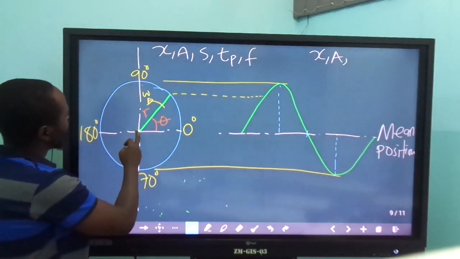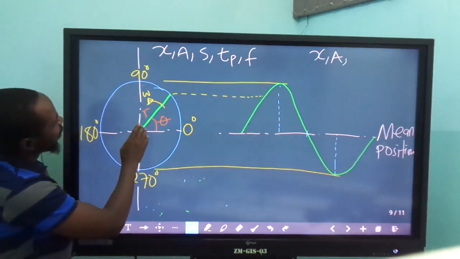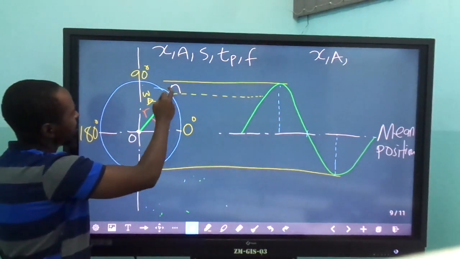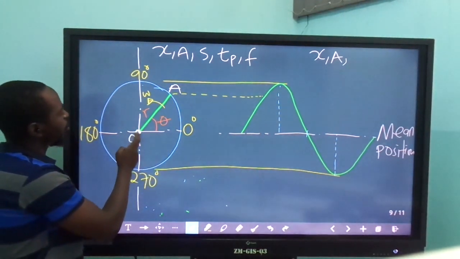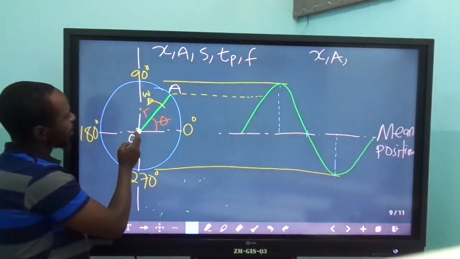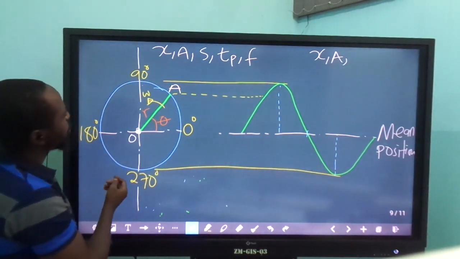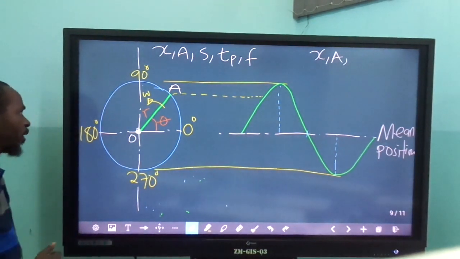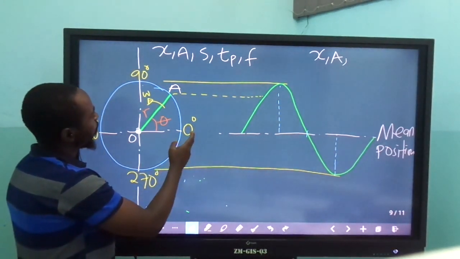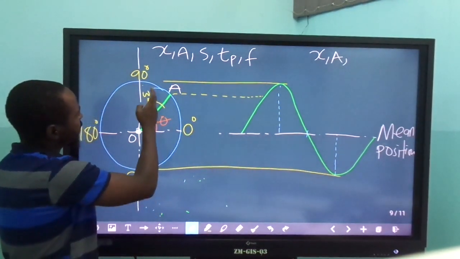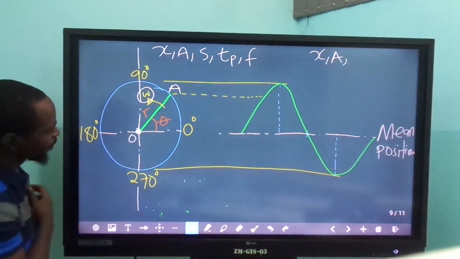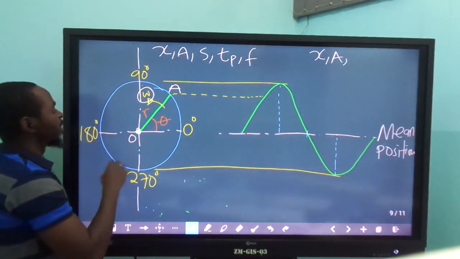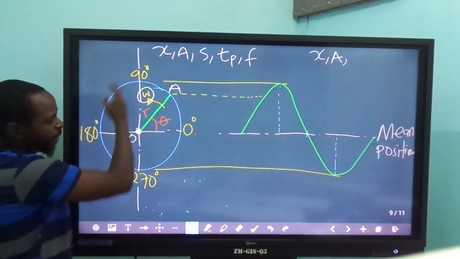Let us have a rod OA that is rotating at point O in the clockwise direction, and it is rotating with this speed W. At the start of the motion, let us say it is starting at angle 0 and it is rotating in that direction.